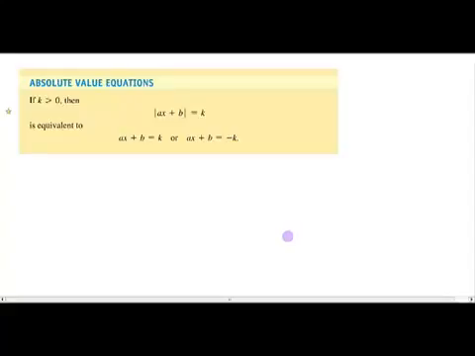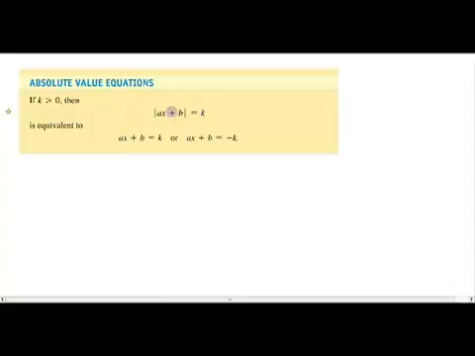For absolute value equations, if k is greater than 0, then the absolute value of ax plus b equals k is equivalent to ax plus b equals k, or ax plus b equals -k. In other words, we're taking the absolute value of some quantity, and it is k units away from 0.